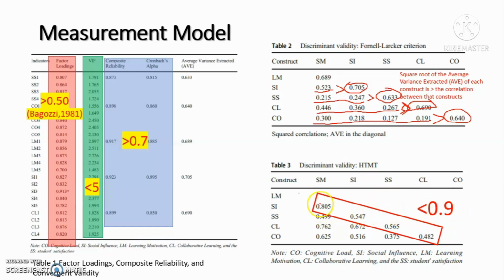And we find out all the HTMT values, 0.8, 0.5, 0.5, 0.4, are smaller than 0.9. It means that the whole measurement model is valid.